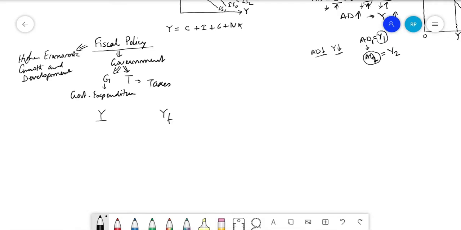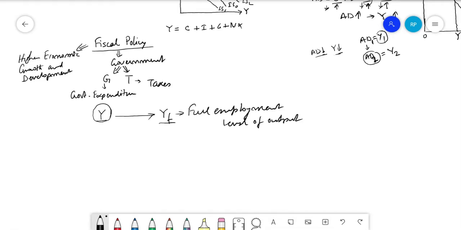YF is the full employment level of output. Always we represent it by F, full employment level of output, YF.